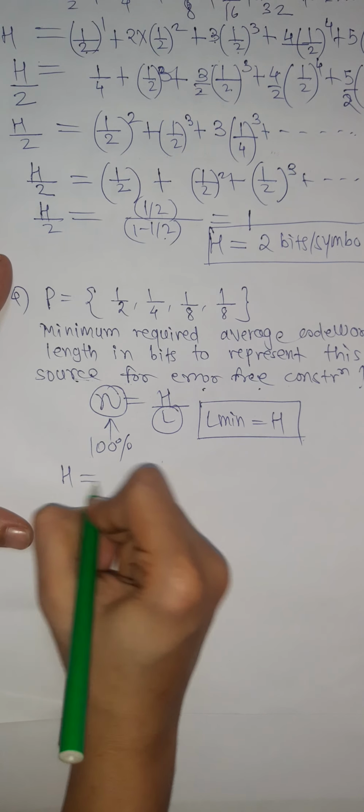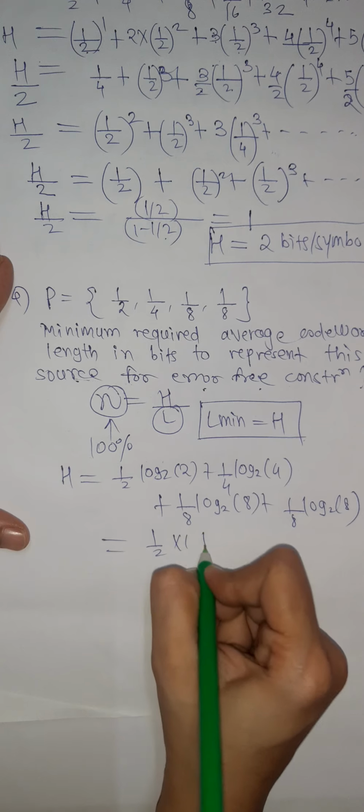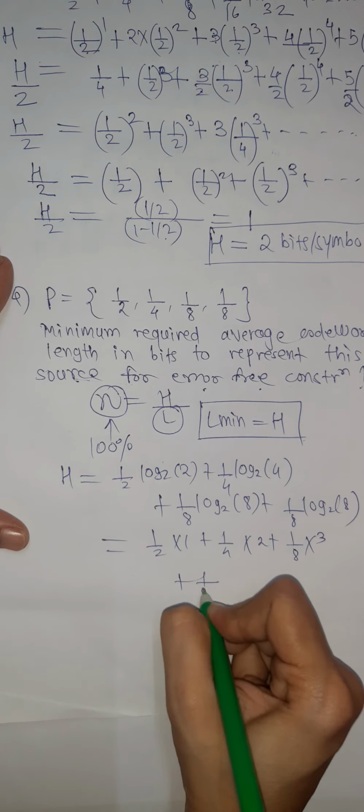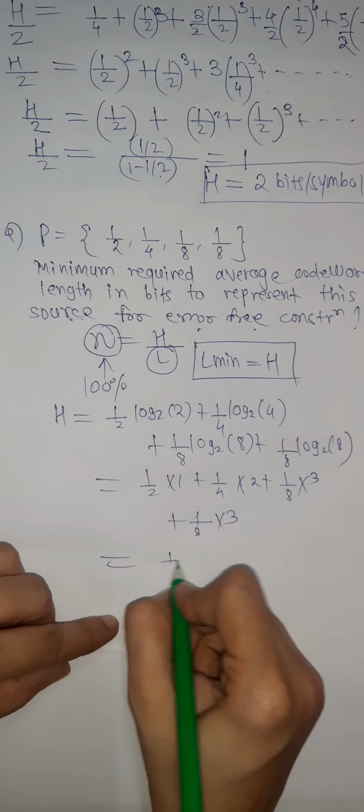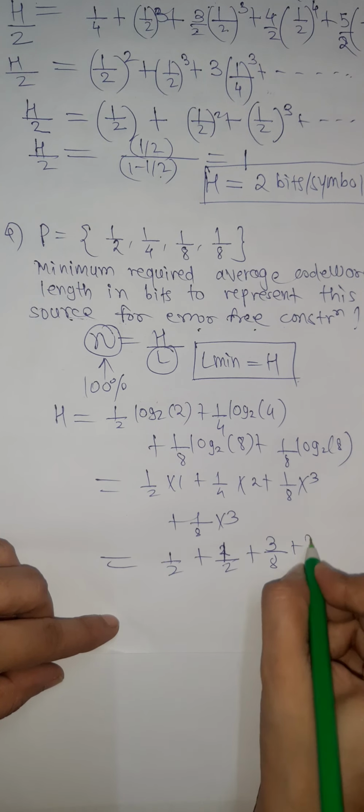So now h is equal to 1 by 2 log 2 2 plus 1 by 4 log 2 4 plus 1 by 8 log 2 8 plus 1 by 8 log 2 8. 1 by 2 into 1 plus 1 by 4 into 2 plus 1 by 8 into 3 plus 1 by 8 into 3. That is 1 by 2 plus 1 by 2 plus 3 by 8 plus 3 by 8.